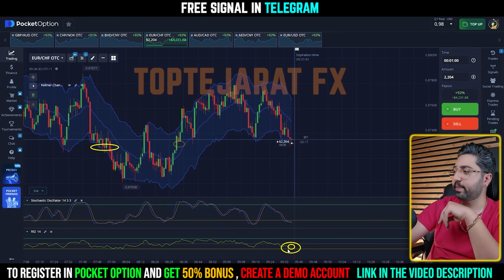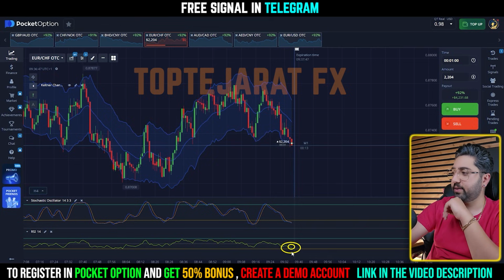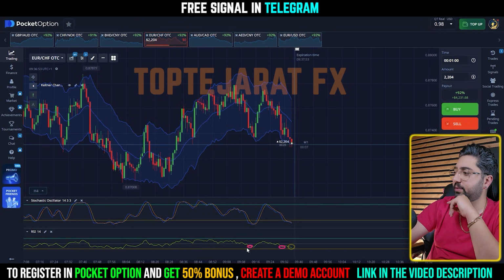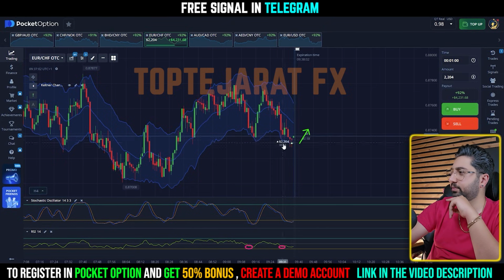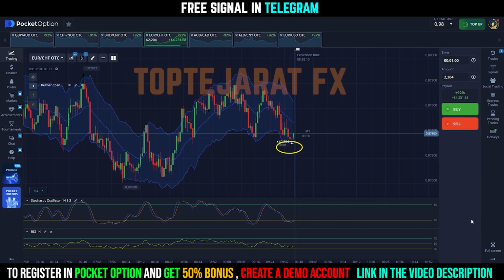Look at this, and we have another confirmation in the RSI, the path of the market. Look at this, touch here, touch here. So this market moves up. Another confirmation in the Keltner channel, the candle cuts the blue line.